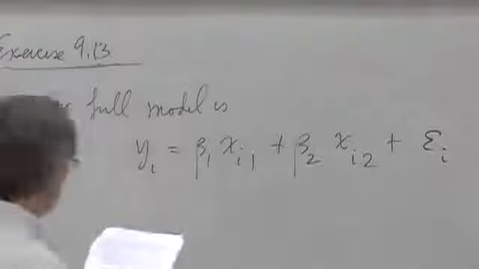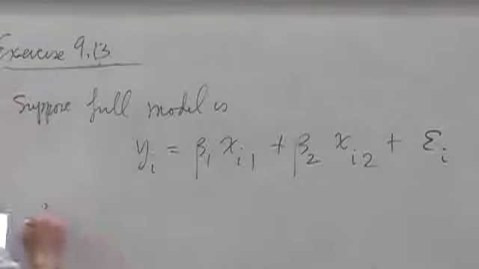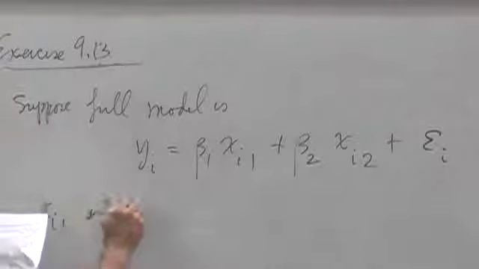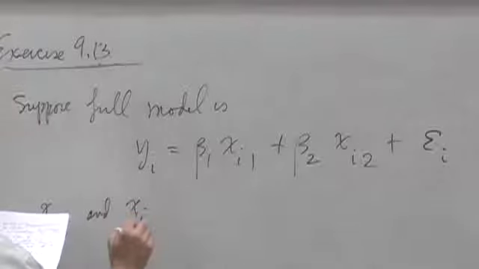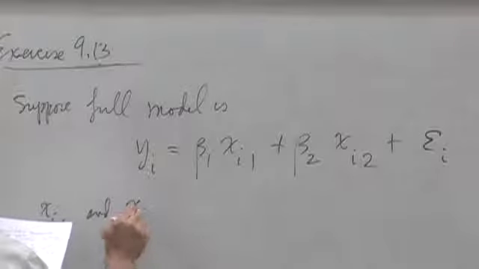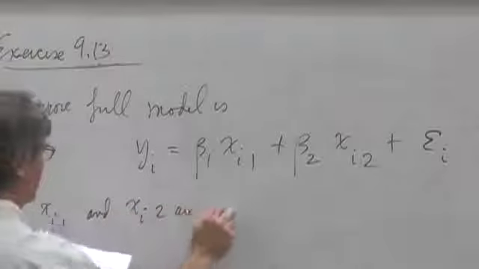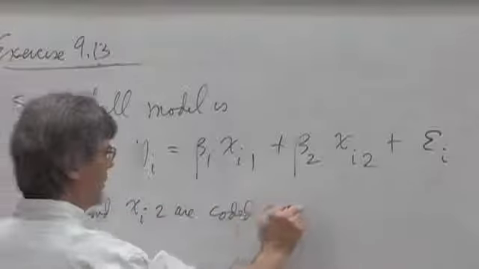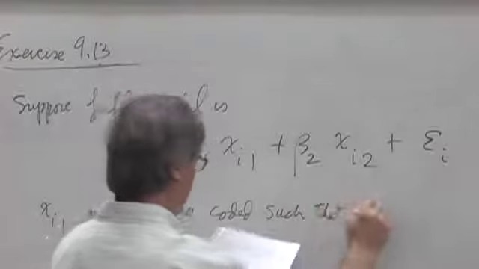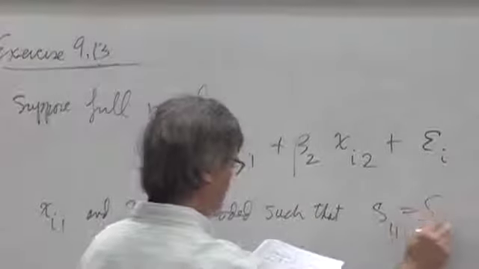To do that, you just do y equals yi minus y bar and x equals xi minus x bar, divided by the square root of its variability, coded such that S11 equals S22 equals 1.